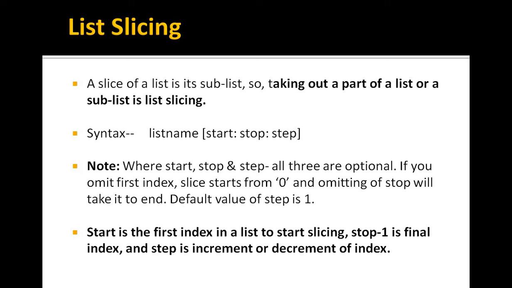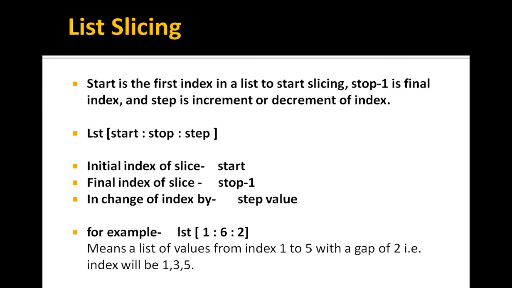That means if the first index is 1, then the second will be 2, then the third will be 3, like this. But if you provide step equal to 2, and you have already provided start equal to 4, then the first position will be 4, then the next one will be at position 6, then the next one at position 8, like this. The step can be positive or negative. So here is the example.